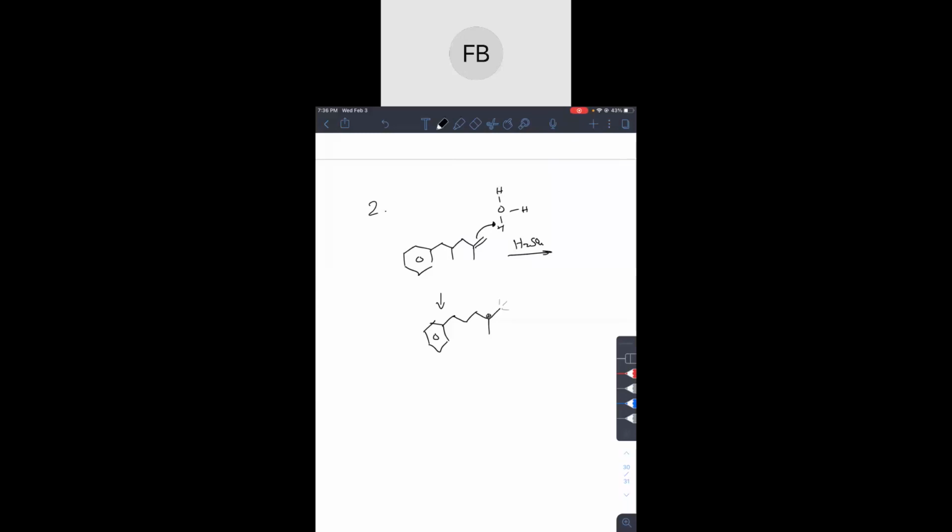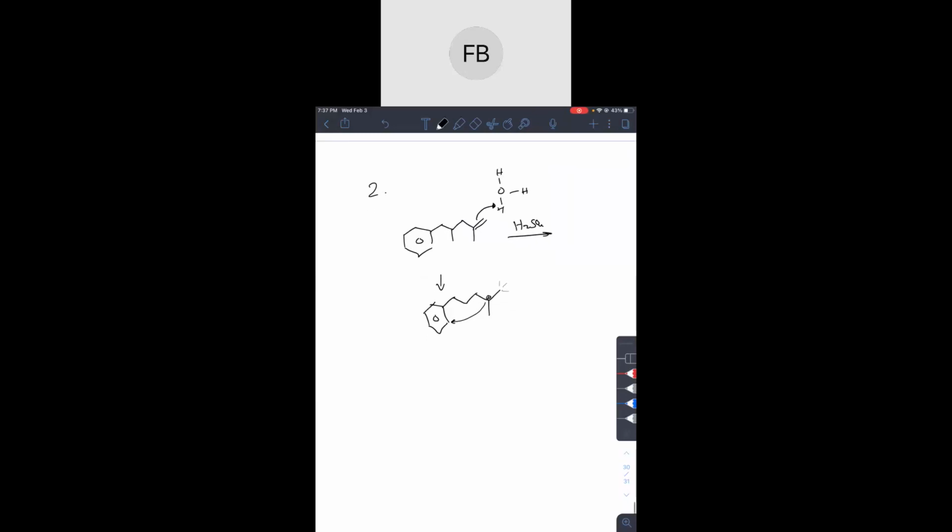This positive charge is basically going to be the thing that drives the ring to close. So all you have to do is imagine the positive charge attacking the ring right here, and then this is going to close.